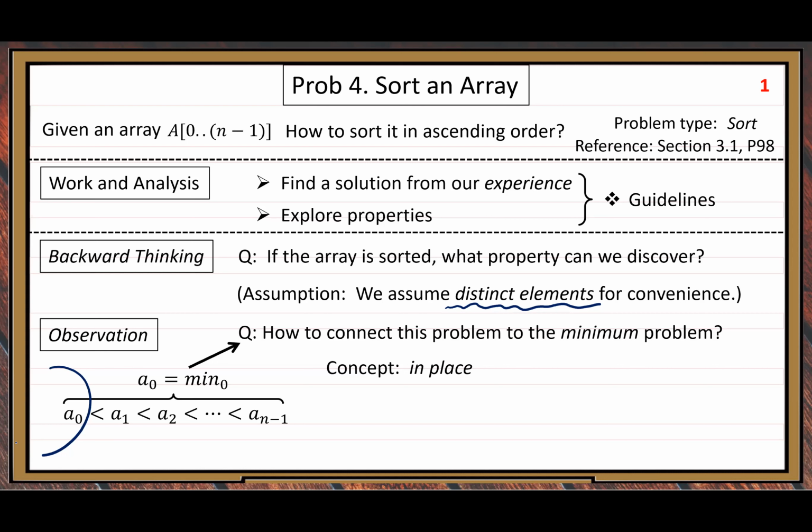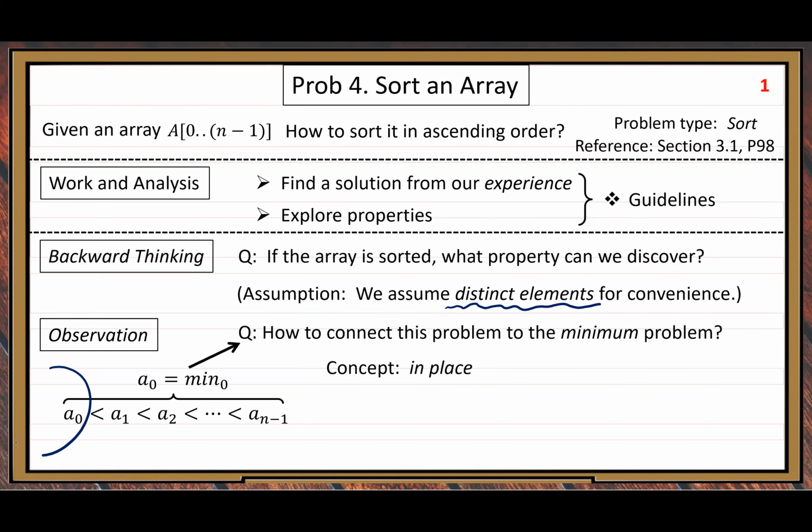The final location. A0 is at its final location already. So the next round processing, we can ignore A0. We can eliminate A0 in our consideration. So we can reduce the problem size.